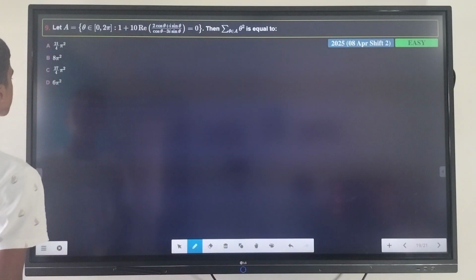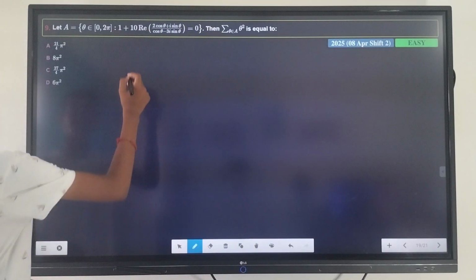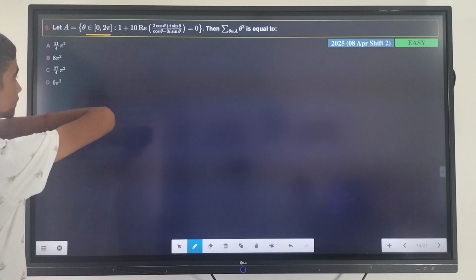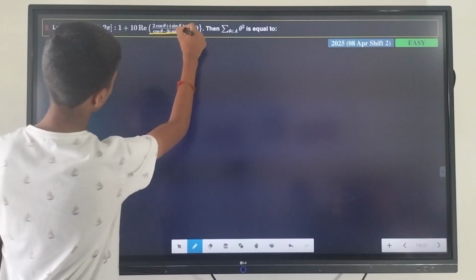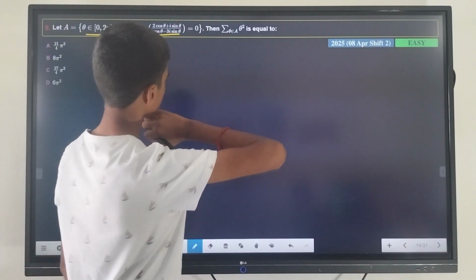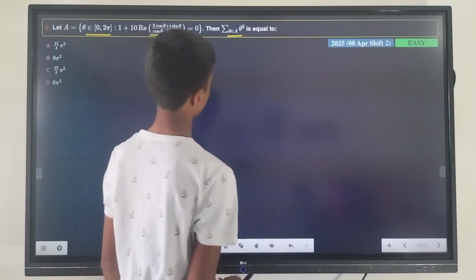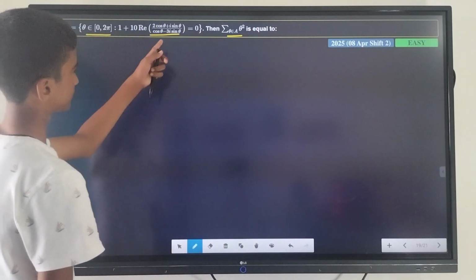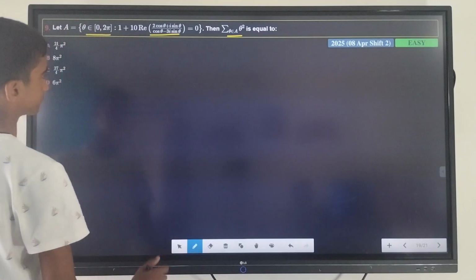This time our question says let theta be between 0 to 2 pi, and we have the real part of this complex number. Then we have to find the value of this sum. So let's say this complex number is z.